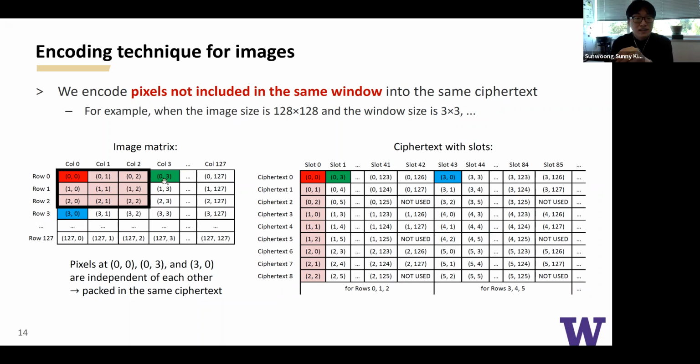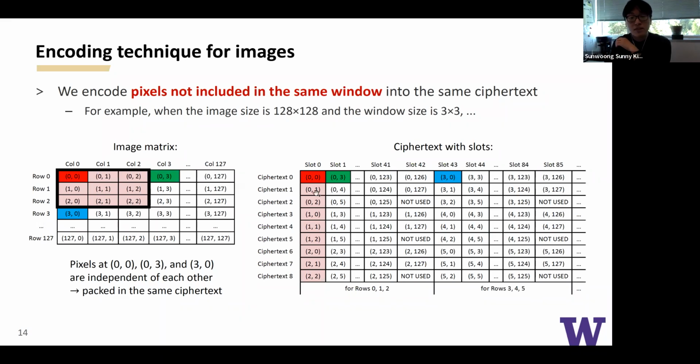But the pixel at 0,3 is not included in the same window with the pixel at 0,0. So we can put the pixel at 0,3 into the same vector of the pixel at 0,0. Similarly, the pixel at 3,0 is not included in the same window with the pixel at 0,0, which means that the pixel at 3,0 is independent from the pixel at 0,0.